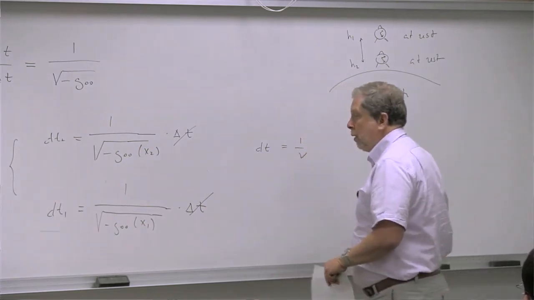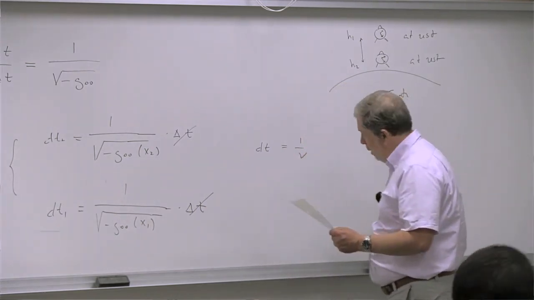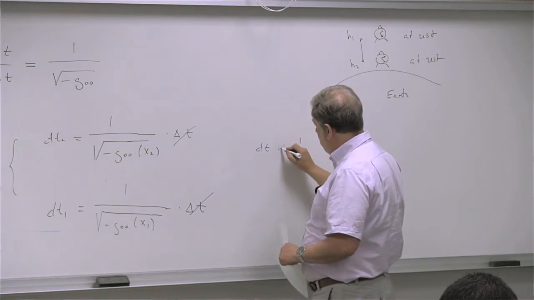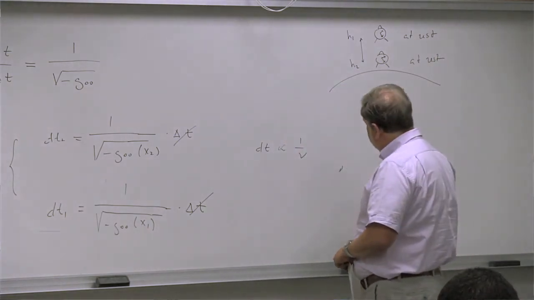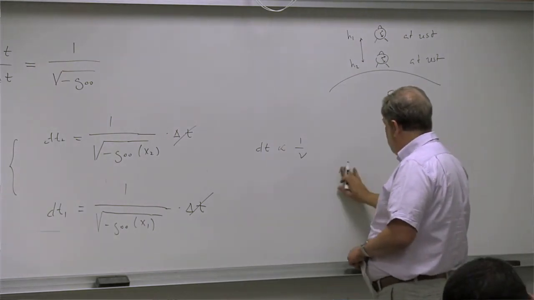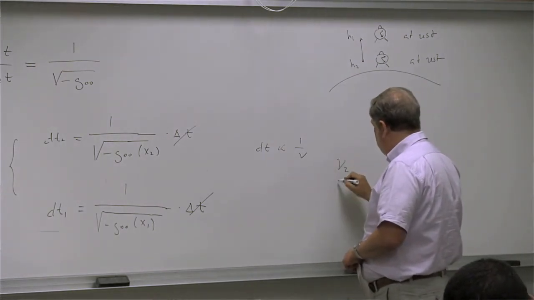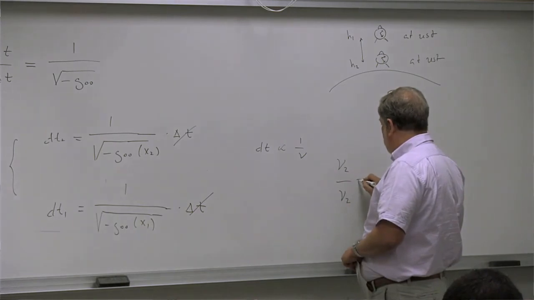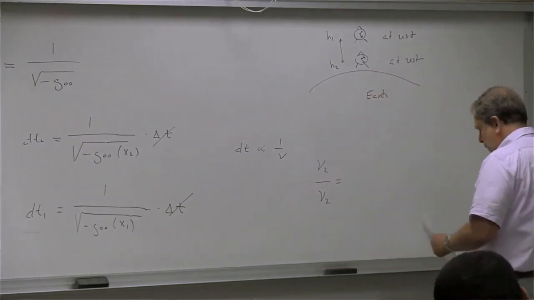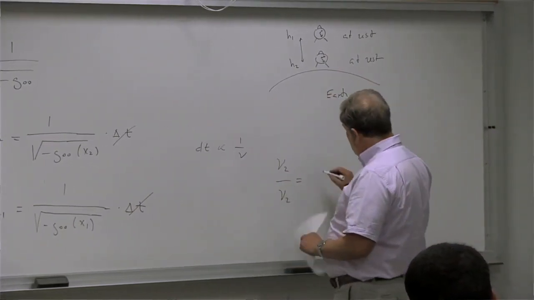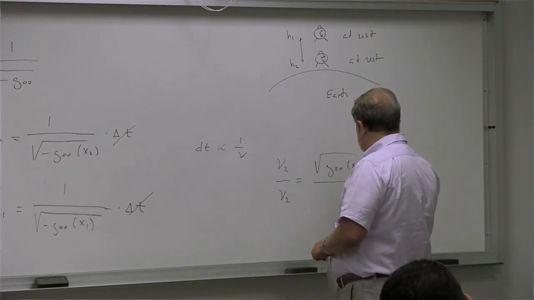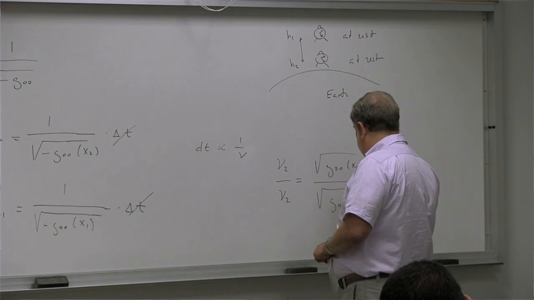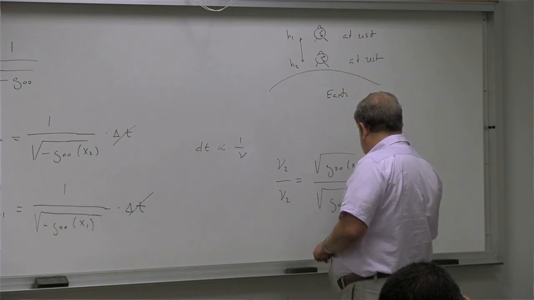If you have a clock that has a given frequency, let's say that they are proportional, right? And so we obtain that nu2 over nu1, the ratio of the frequencies of the two clocks at different gravitational fields, is just the ratio of the square root of g naught naught at x2 divided by the square root of g naught naught at x1, right?